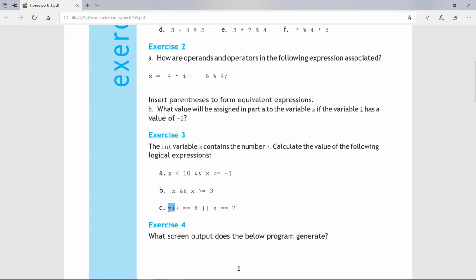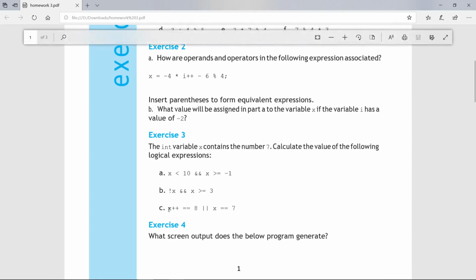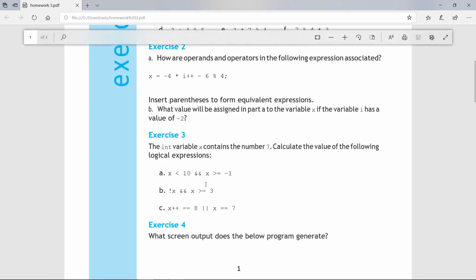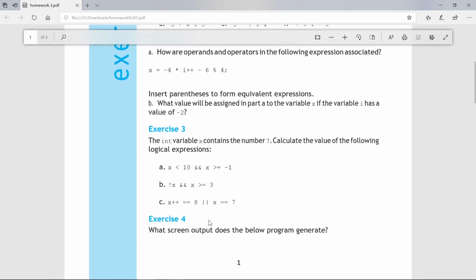So we'd be looking at, okay, so is 7 equal to 8? That would give us false. So we know this side is false, but we still continue looking at the rest because we're looking at the OR operator. Now, another thing, when we get to this side, because we've incremented, x is now 8. So this would also be false. Therefore, we have true, false, false.